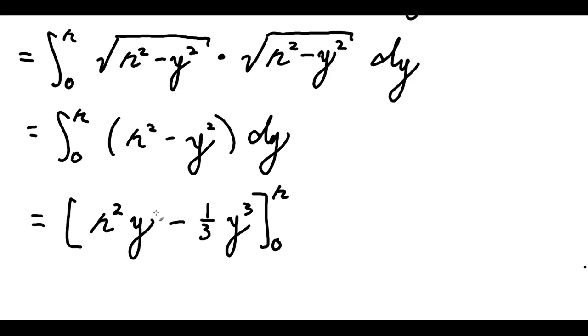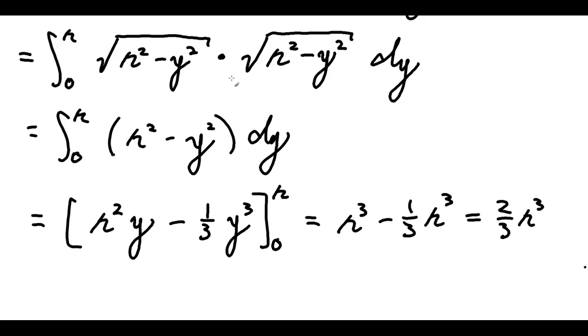But in this problem, we've been using r exclusively as a constant, so we don't strictly have to do that. So plugging in r for y, we get r cubed minus 1/3 r cubed, minus, plugging in zeros, we get 0. So we have 2/3 r cubed.